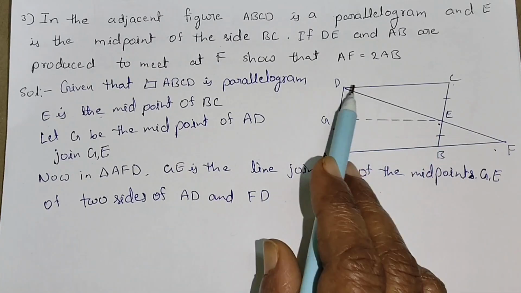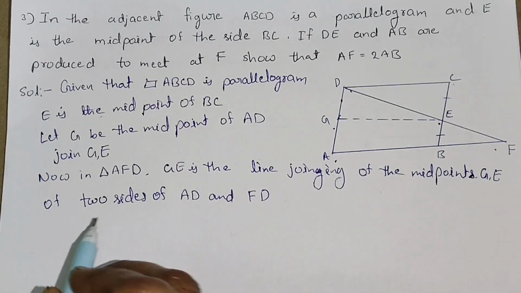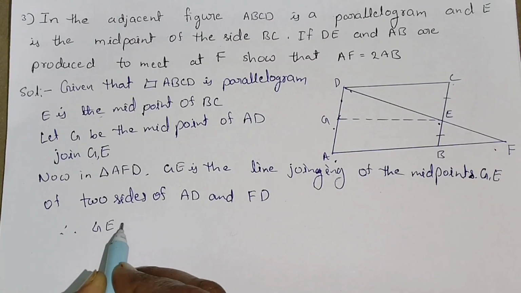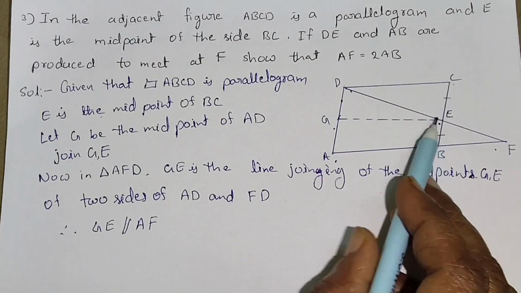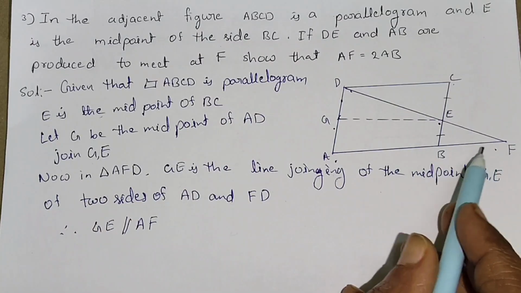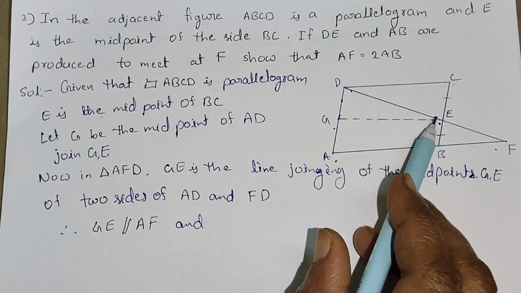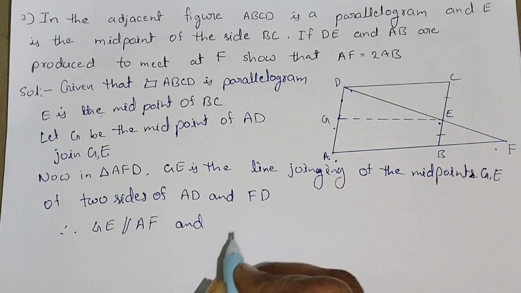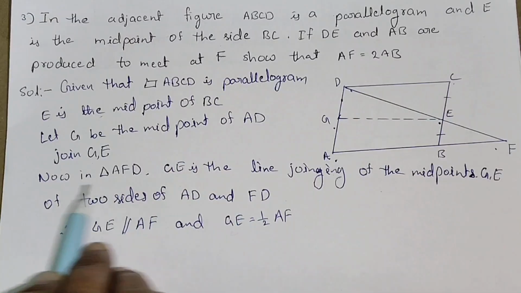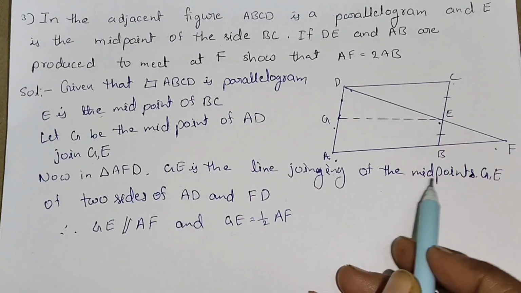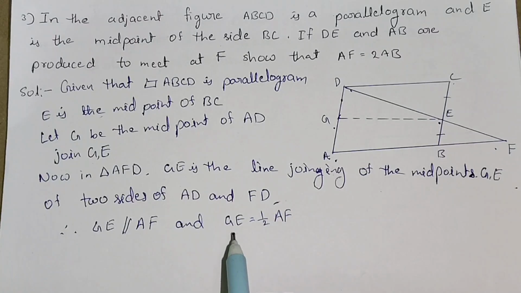So here GE is the line joining midpoints of AD and DF. So therefore GE is parallel to AF, and GE equal to half of AF, because GE is the line joining the midpoints of two sides AD and DF. So we write this one.